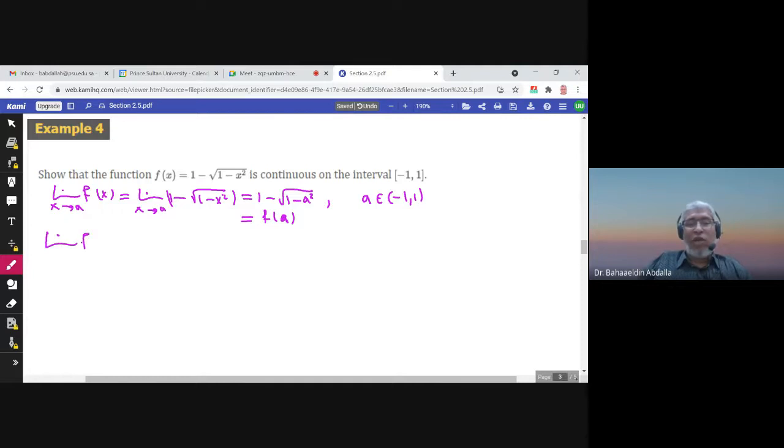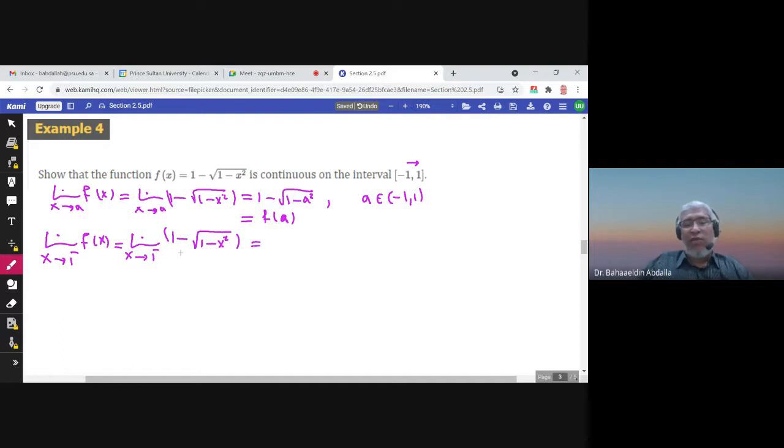We need to show that the limit when x approaches 1 from the left, okay, is equal to f of 1. So we need to show that the function is continuous from the left of 1. Well, f of x is 1 minus square root of 1 minus x squared.